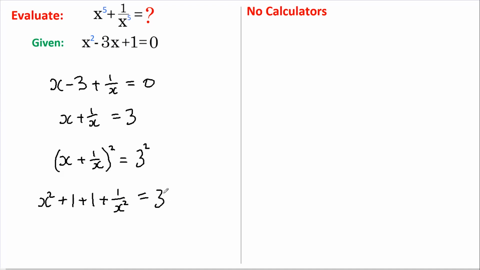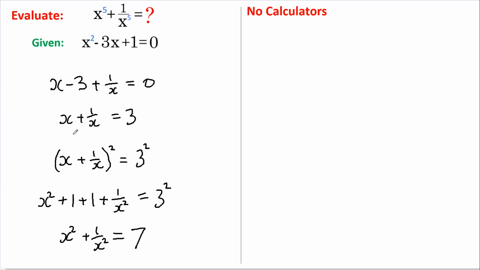This still equals 3 squared. So all of this becomes x squared plus 1 over x squared. And now I'm going to take the 1's over to the right hand side. So we've got 9 less 2, which is 7.